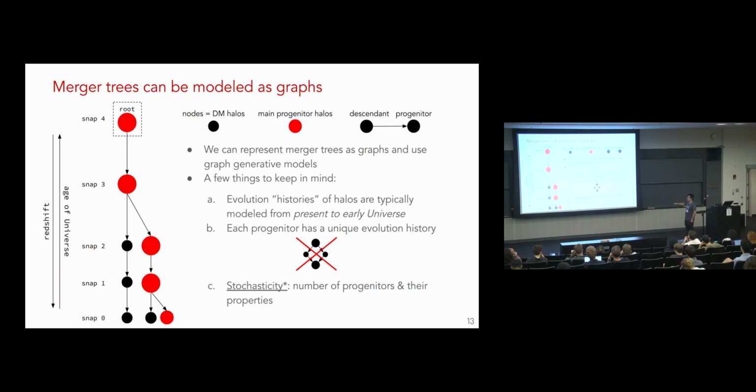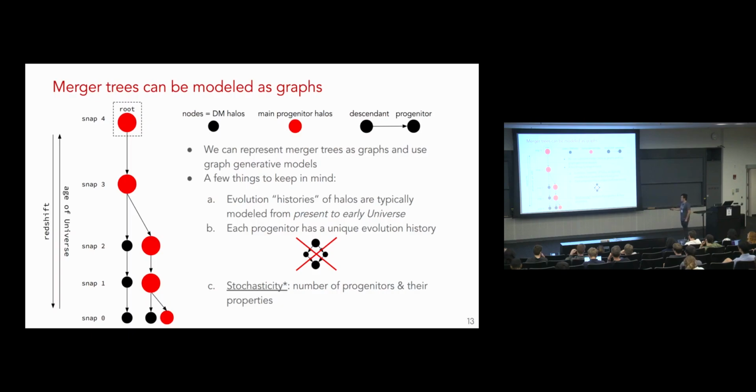So let's say, in the terminology where we go from present day to early universe, if this halo splits into these halos, they do not combine again. Loops do not happen in this kind of graph structure, and you really want to respect that.